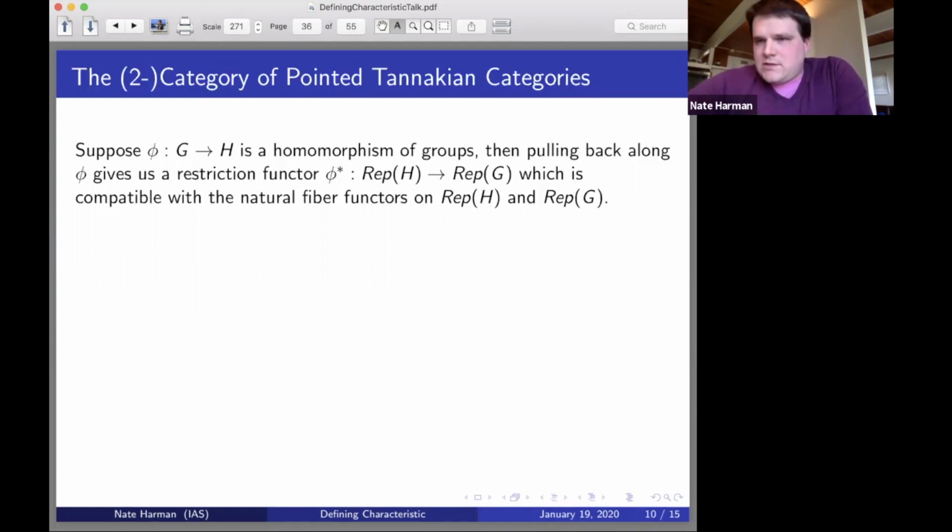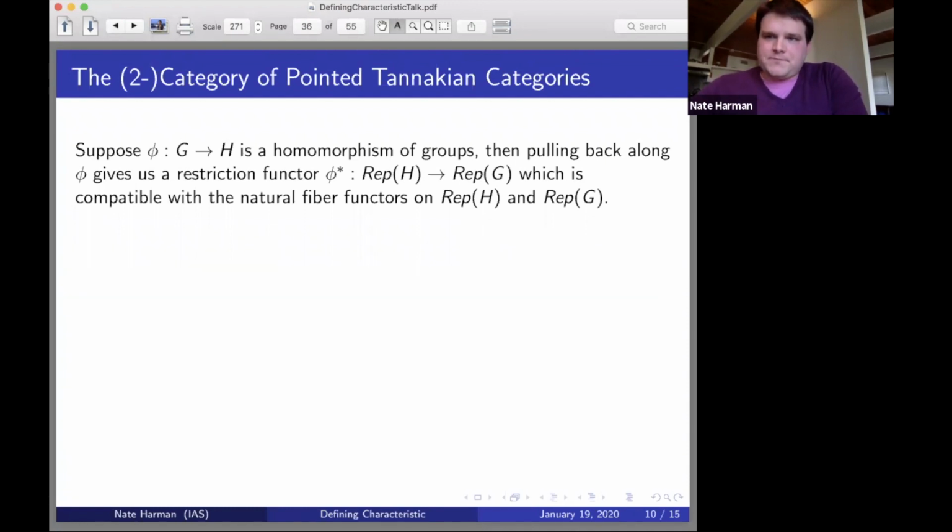But I want to motivate the definition of a map. So if I have two groups and a homomorphism phi from G to H, then I can take a representation of H and pull it back along this homomorphism to get a representation of G. So that gives me a monoidal functor from representations of H to representations of G.